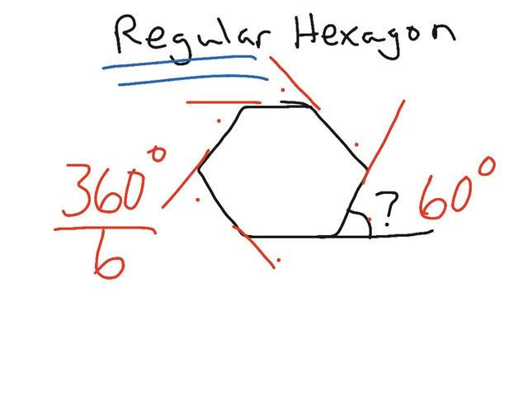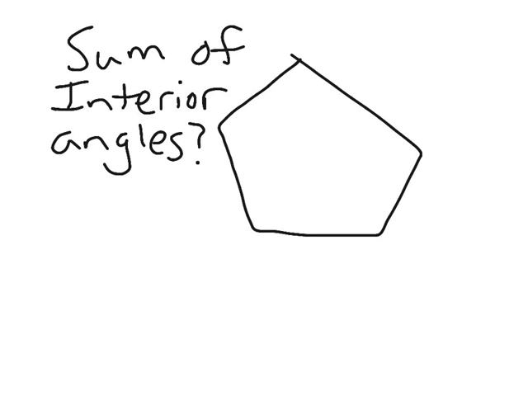For the last example, I have a drawing of a pentagon, and inside this pentagon there are 1, 2, 3, 4, 5 angles. And what we want to know is, what would the sum of all 5 of those angles be?